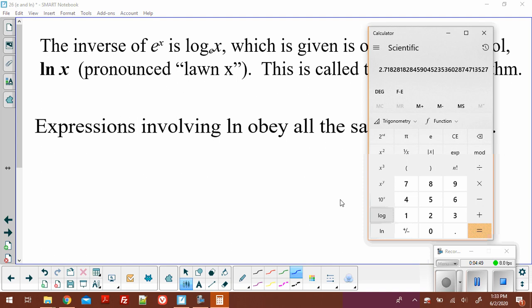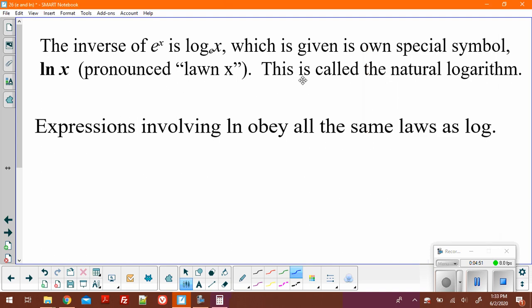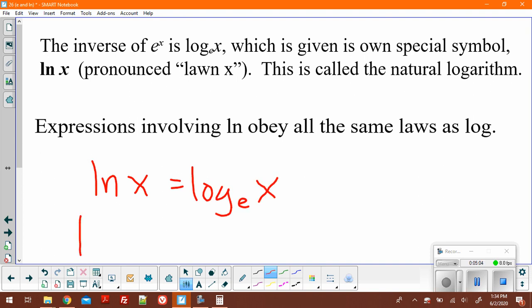So that's all that is. ln of x is the same thing as log base e of x, just like the log button on your calculator is really log base 10 of x. It's related to e, and it's significant, so it gets its own key on the calculator. It's called the natural logarithm.